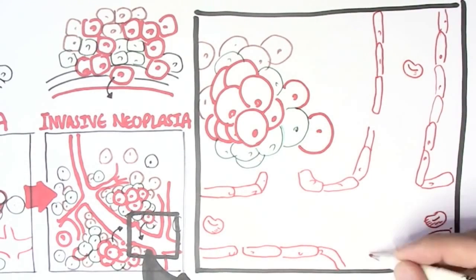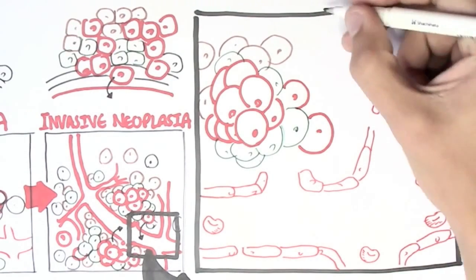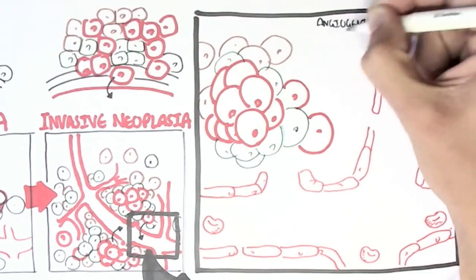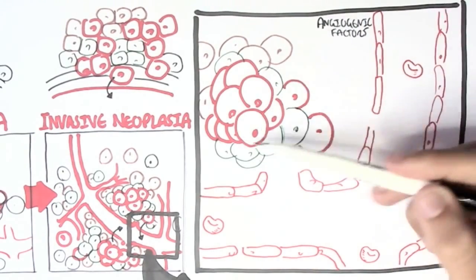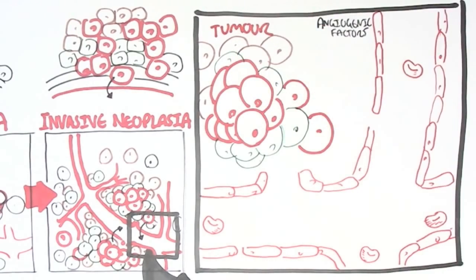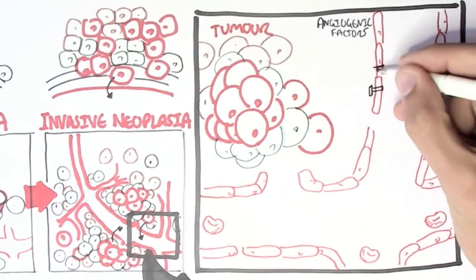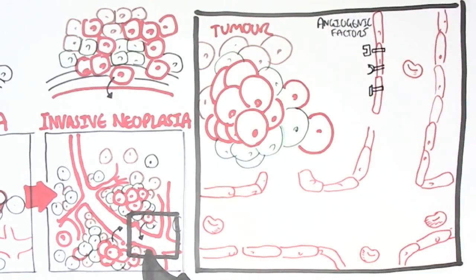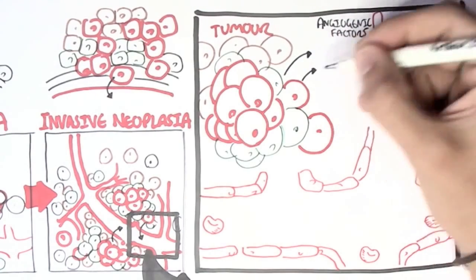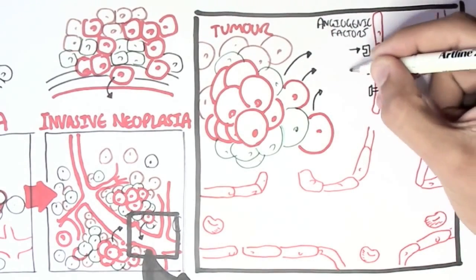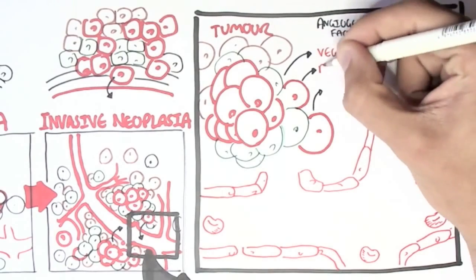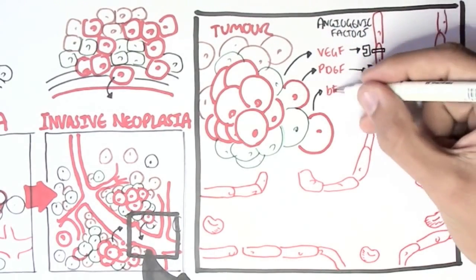Now, these cancer cells, this tumor, this neoplasia, they secrete what are called angiogenic factors. On the epithelial cells of the blood vessels, you have receptors for these angiogenic factors. So these angiogenic factors that are secreted include VEGF, PDGF, and bFGF.